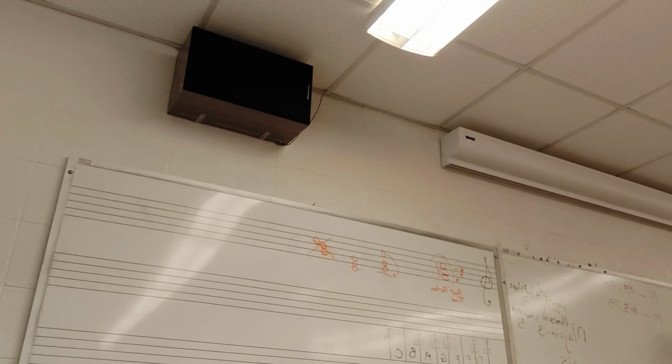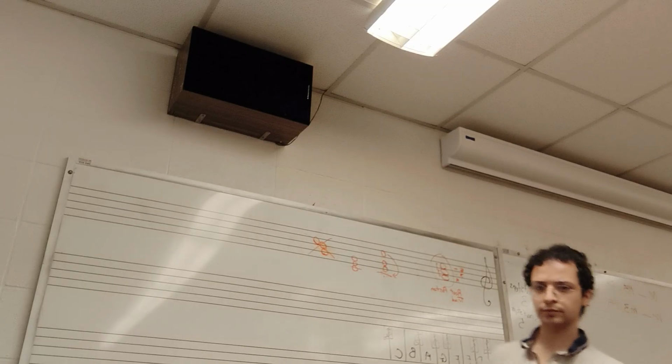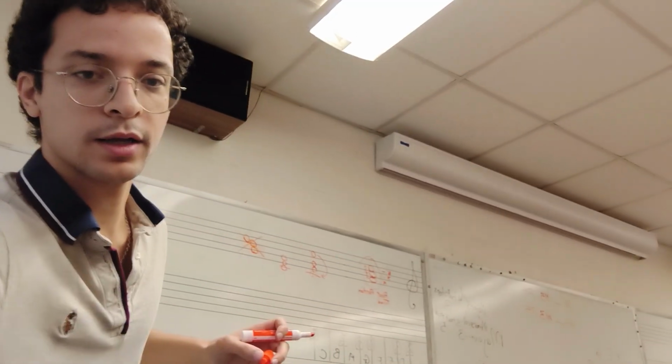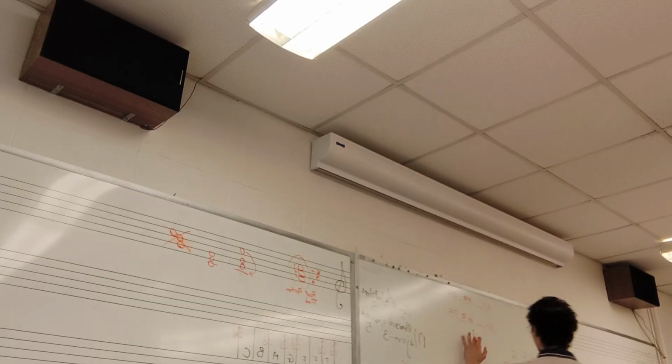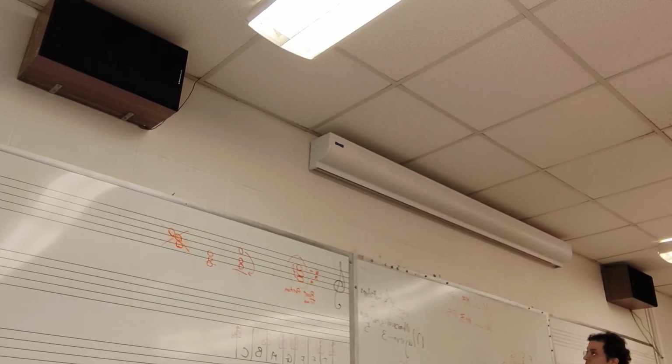Okay, a good way to remember these is that the names of the triads, major and minor, correspond to the third of each triad. So if you have a major triad, it's going to have a major third, minor triad is going to have a minor third, perfect fifth, all the way.